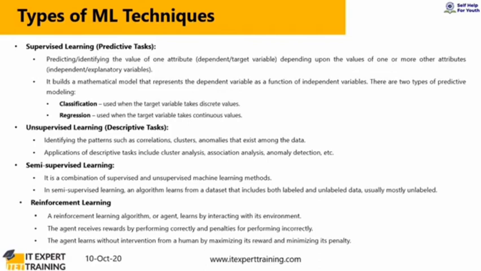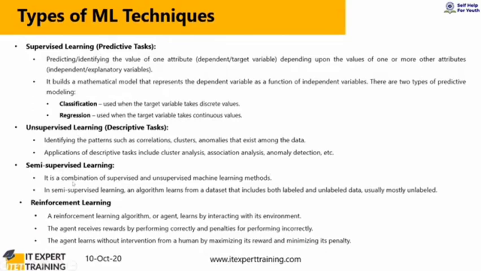When the bank personnel detects such abnormal behavior of a specific customer, he can immediately contact the customer to identify whether it's a genuine transaction or not, and immediately block the credit card in order to protect the customer from being a victim of credit card fraud, right? So these are all applications of unsupervised learning.